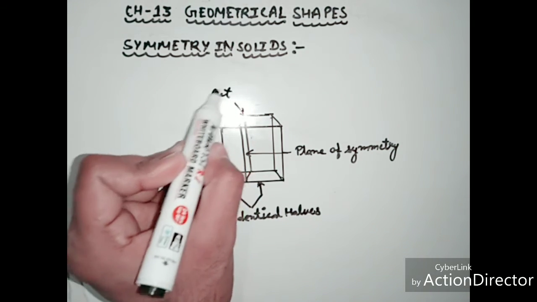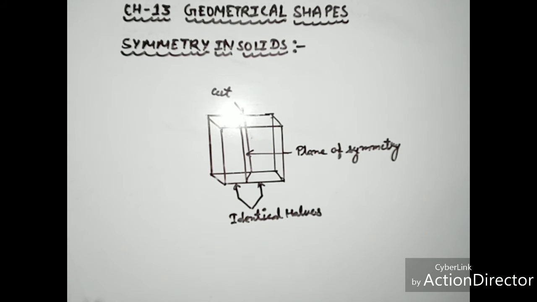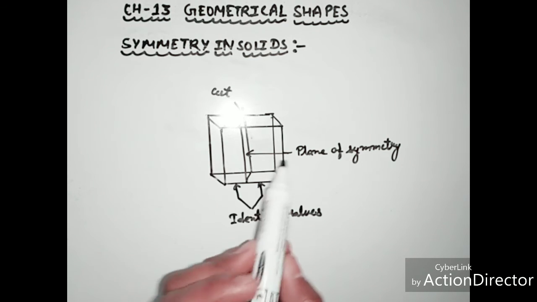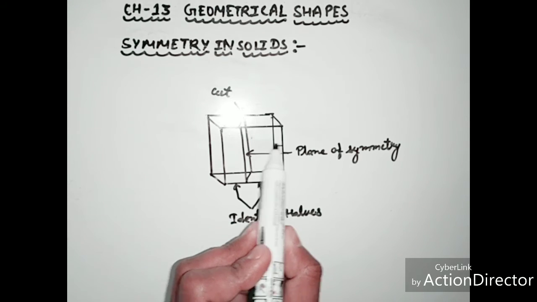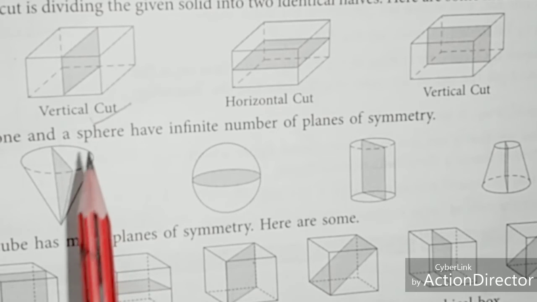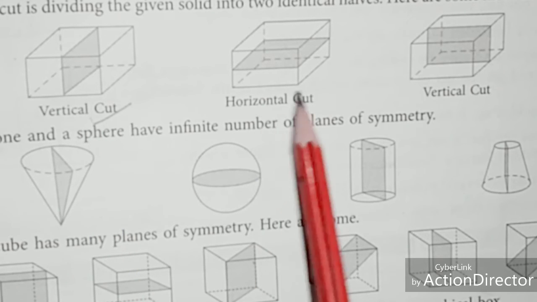2D shapes can have more than one line of symmetry. Similarly, a solid can also have more than one plane of symmetry. If this solid is cut vertically and also cut horizontally, the parts are known as identical halves.